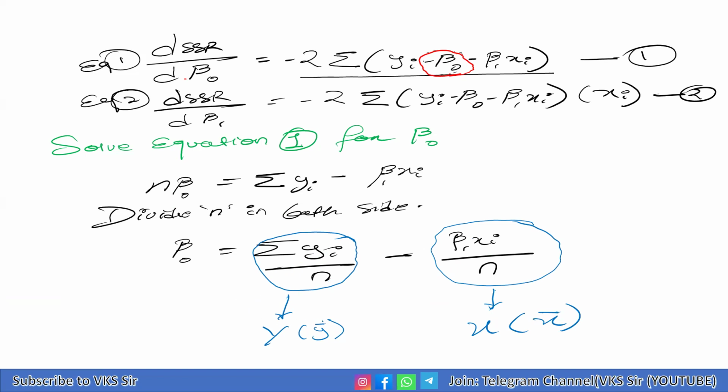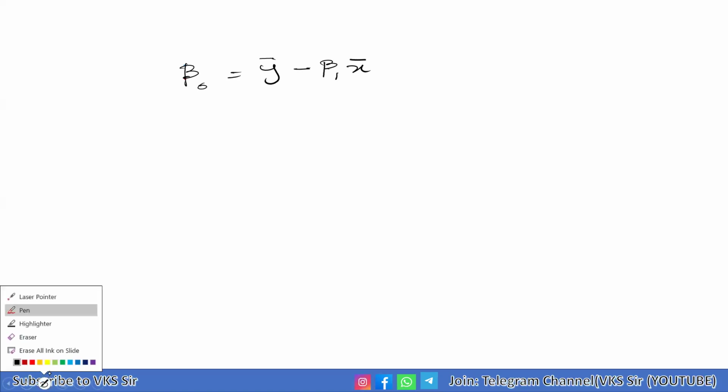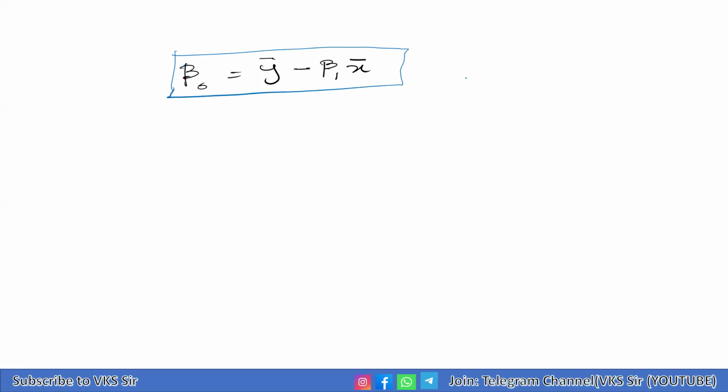This part is the y mean and this part is the x mean. So now we can say beta naught is equal to y mean minus beta 1 times x mean. So finally we achieve the intercept formula.